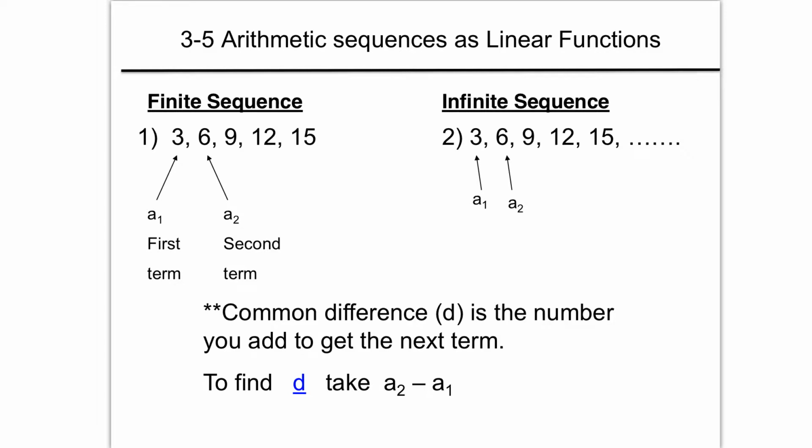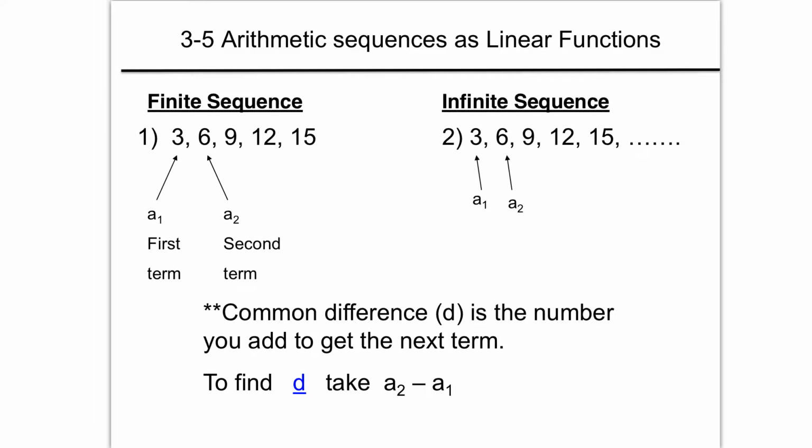If you are adding a negative number, that's actually subtracting a number. It's the same thing, but we don't say adding a negative, we just say subtraction. So you can add, or you can add a negative, also known as subtraction, in an infinite sequence or a finite sequence, just an arithmetic sequence.